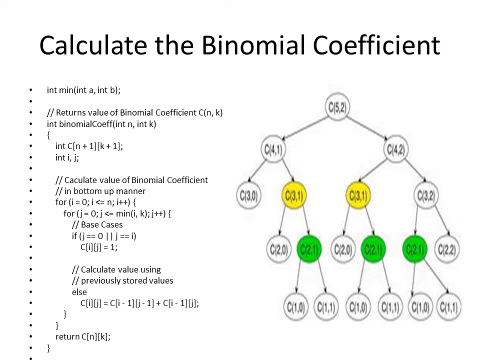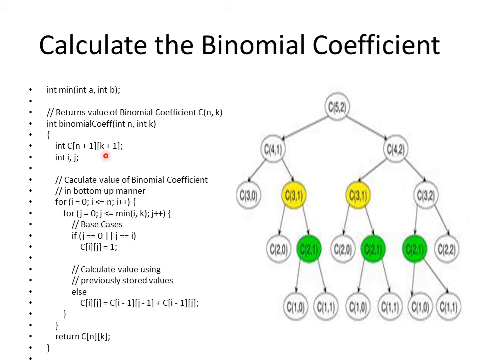Now calculate the binomial coefficient in a bottom-up manner. Because there are two-dimensional arrays, I am taking two variables, i and j. Initially i equals 0 and i is less than or equal to n, and i plus plus.